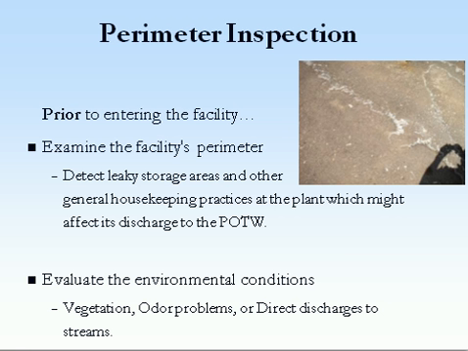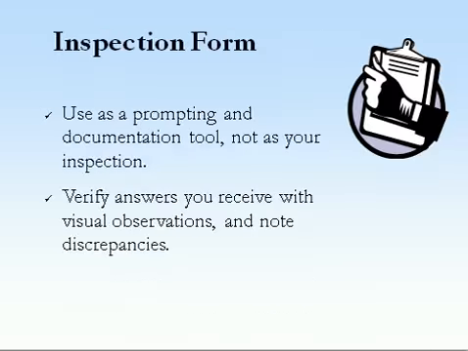Especially if you just don't trust an industry, it's a good idea, when you first get there, to do a loop around the perimeter and get an idea of what their housekeeping looks like, or if you see, again, things like this, stains going off the site, or any other types of problems like that. It's just a good thing to do. Again, if you've not gotten permission to come onto the facility, you want to make sure when you're doing this perimeter inspection that you're actually not on their property.